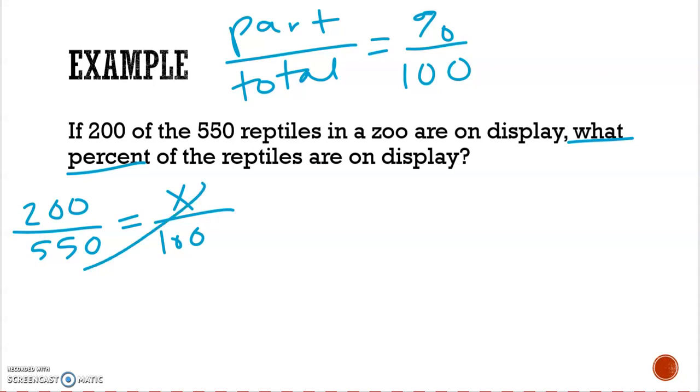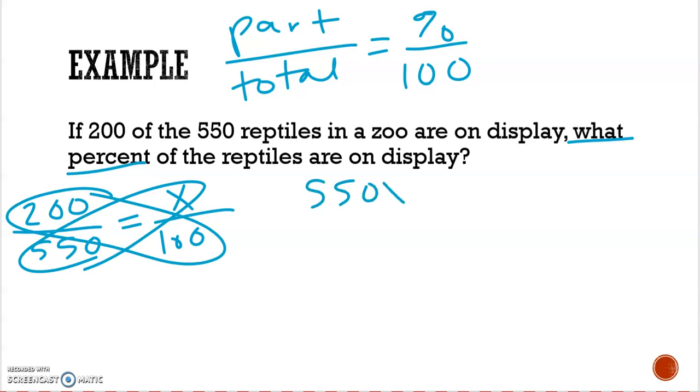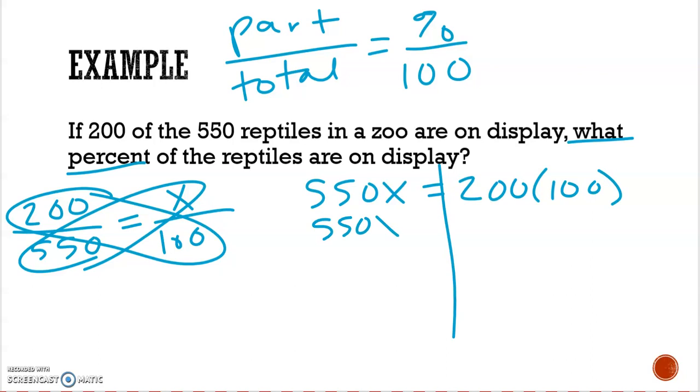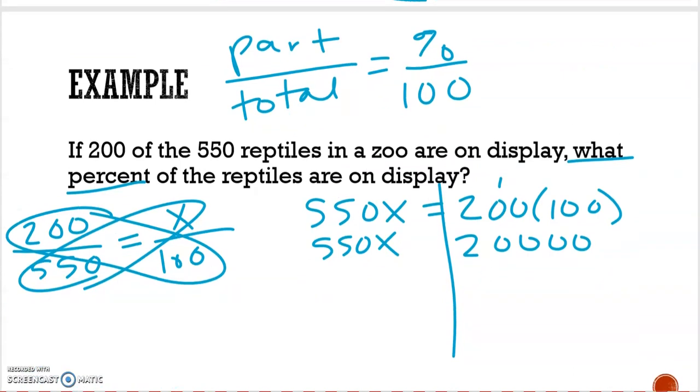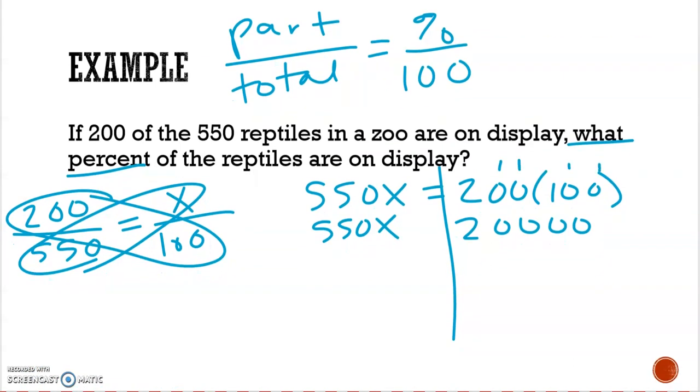All right, so now that I have it set up, I'm going to do exactly what we did before. So 550x equals 200 times 100. This time we do have more zeros on this one. Here's a trick: I count 1, 2, 3, 4 zeros, and my 2 has 4 zeros as well.